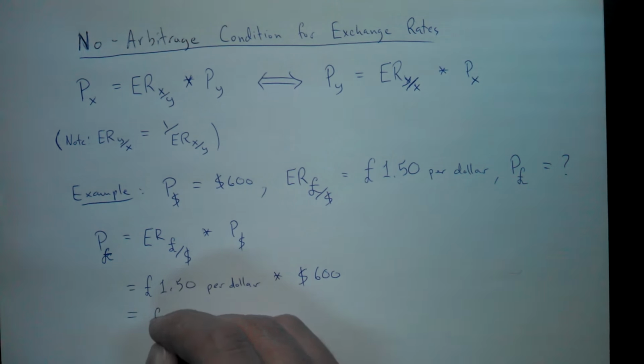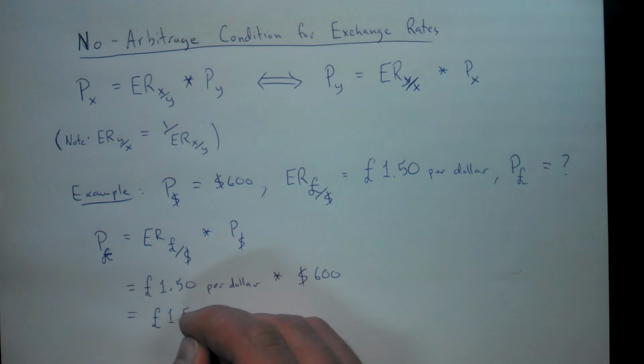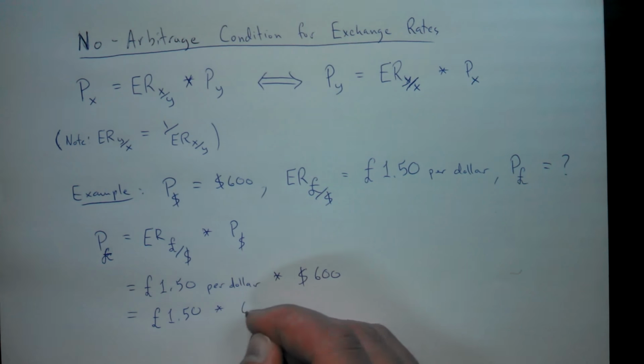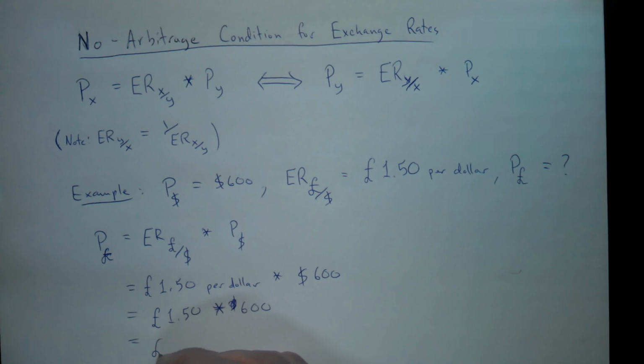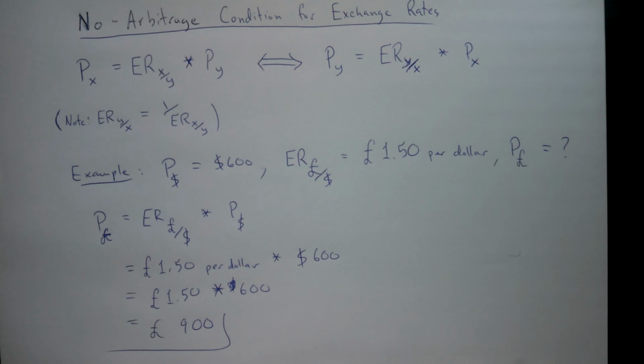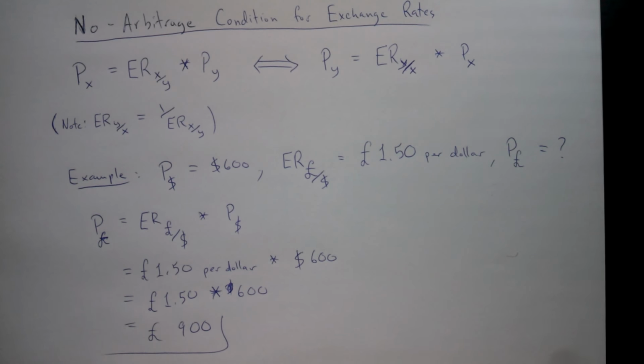We're just left with pounds as the only unit. And so this is 900 pounds. So 900 pounds is the price for these tablets in Great Britain if there is a no arbitrage condition.